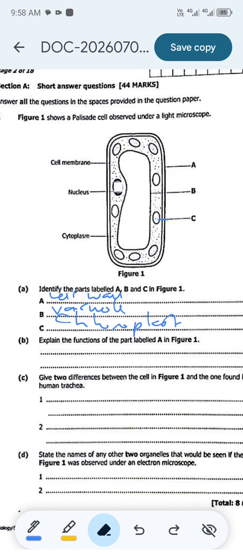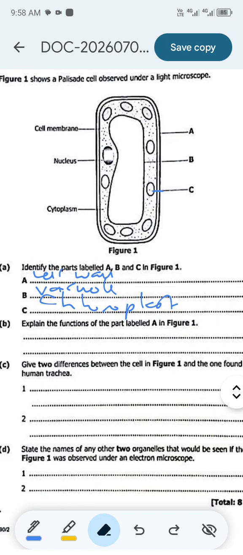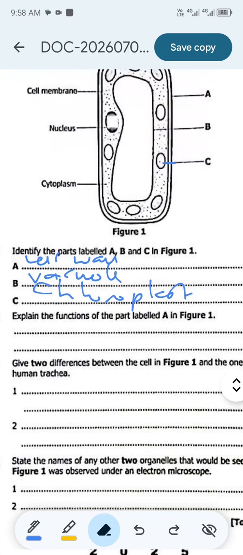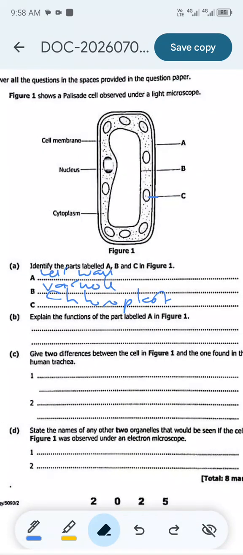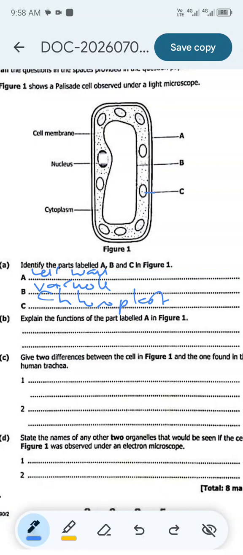Then let's go to question B, which says, explain the functions of part labeled A. Look at the mark allocation, just one, so you need to give a brief explanation. One function of part labeled A, the cell wall, is that it provides strength and support to the cell.